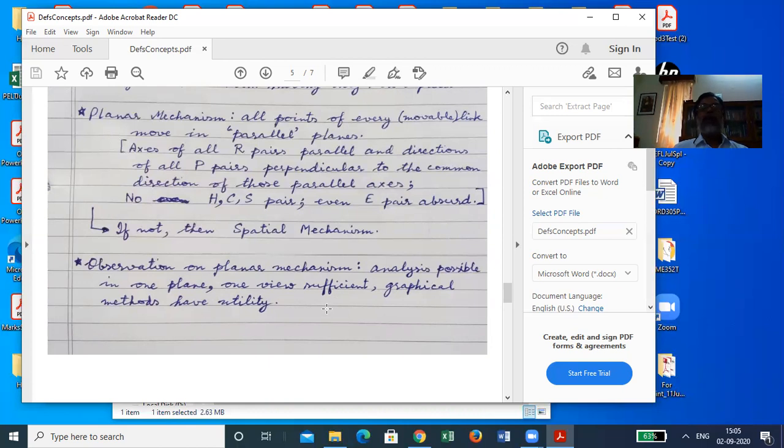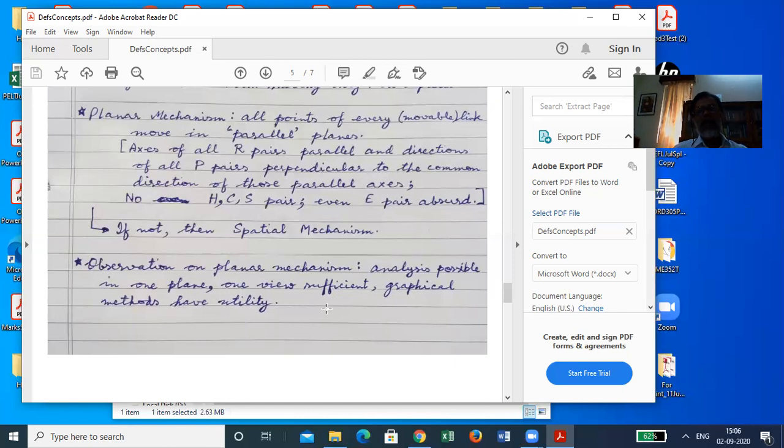Okay, so analysis is possible in one plane. If you make a diagram or take a picture of the entire mechanism from the direction along all those revolute pairs, then in this view you will be able to see everything that is kinematically relevant, that is, relative motion and relative positions. Everything is visible in one view.